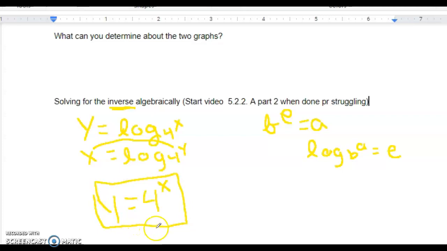And then you're all set. So now your goal is to see if you can use this set of rules I just gave you about finding inverses, graphing those inverses, and solving them algebraically to a previous function that we had already known, which is a quadratic. So go ahead and try that now.